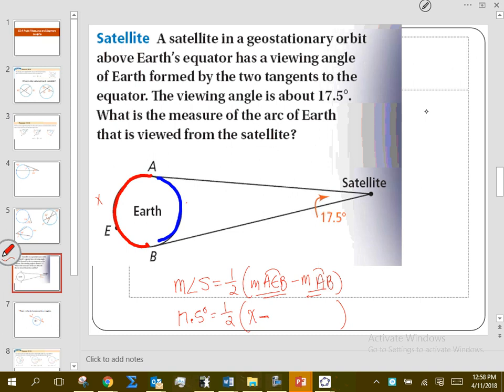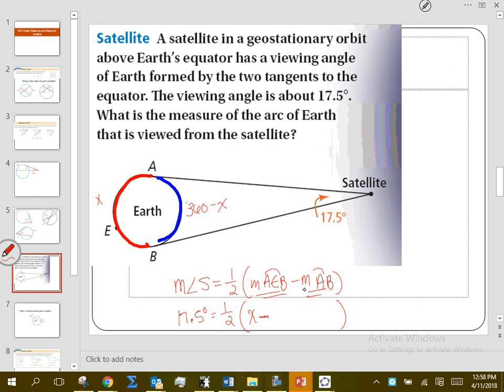If you know something adds up to 360, and you know one of those parts, let's say you knew that this was 100, what would this be? It'd be 260. You took 360 minus this 100, right? So we don't know this to be 100, we just know it to be x. So wouldn't this be 360 minus x?